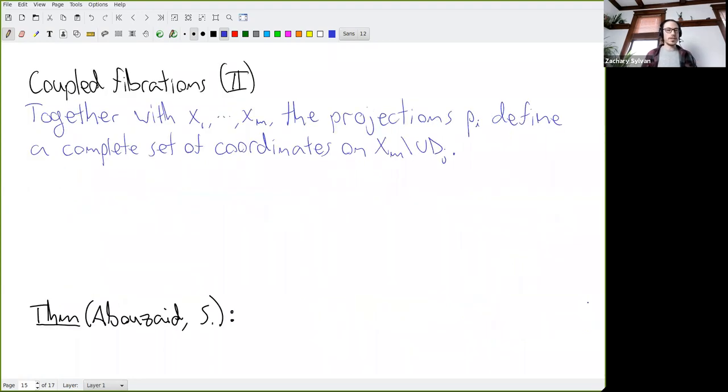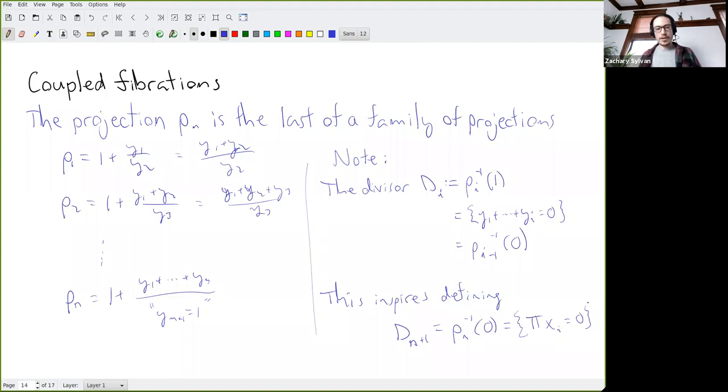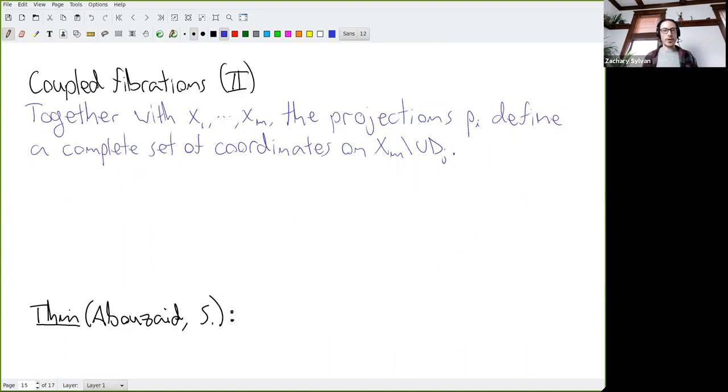So what do they do? Well, they define a complete set of coordinates once you take the x's, right? So here we have one rho for each y. And then if you take x1 through xm, then you have one x for each additional dimension. And so this is the correct number of coordinates.